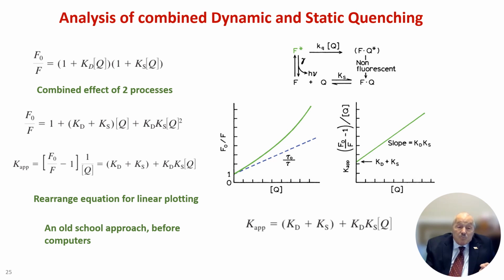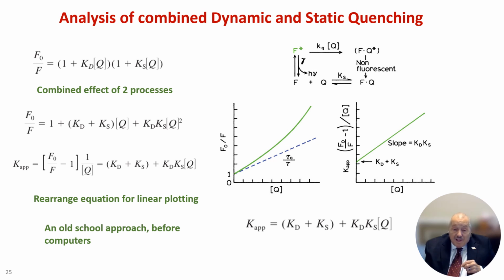So you take the combined effect, break up the terms, move them around, and what you do is you define an apparent quenching constant, which is what you have at any point on this curve, and you find out that it's equal to the sum of the two quenching constants and a term that contains the product of the two quenching constants plus the quencher concentration.